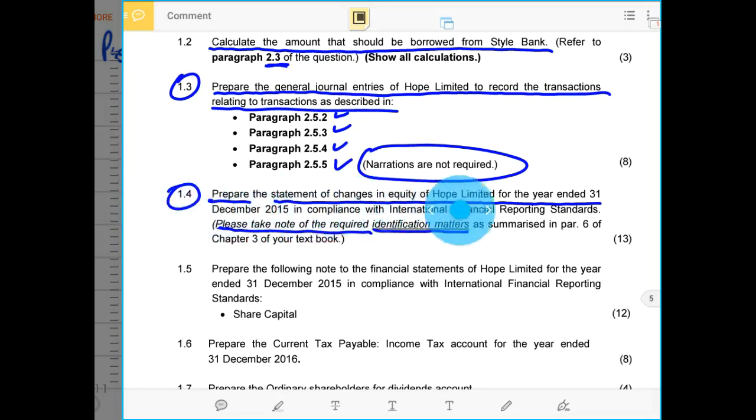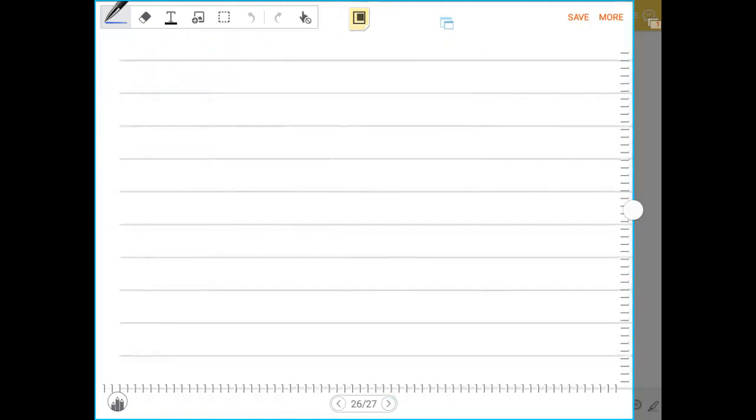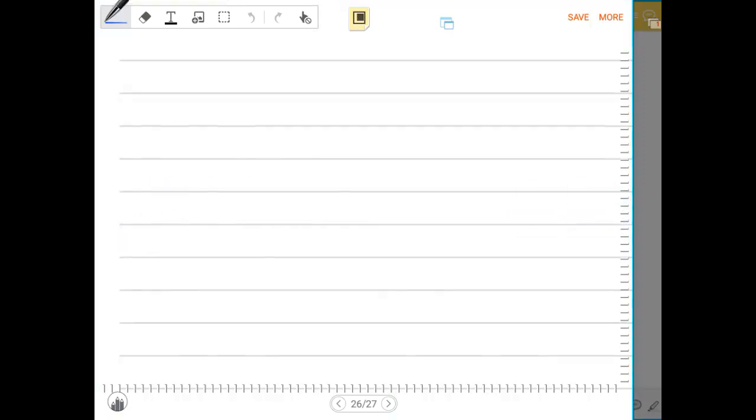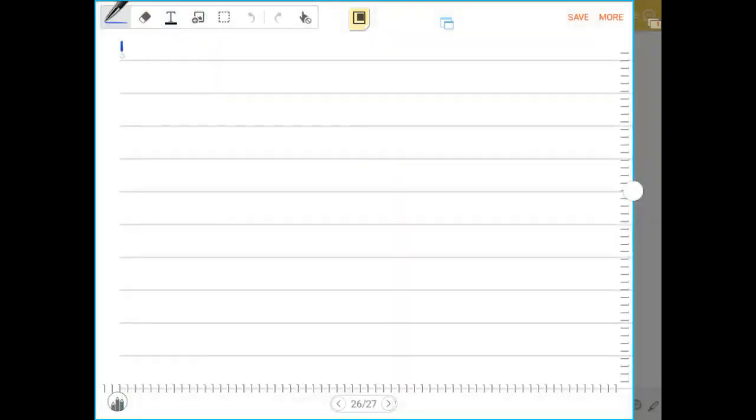So now we are doing the statement of changes in equity, and it is a very simple and easy statement. That is requirement number 1.4 that we are busy with. Remember, I want one video to focus on one topic, and another video to focus on another specific topic. Therefore, now we are doing the statement of changes in equity.